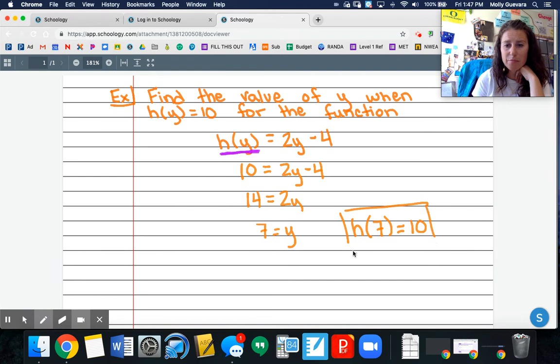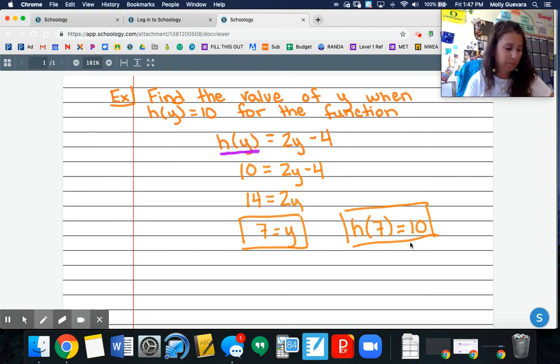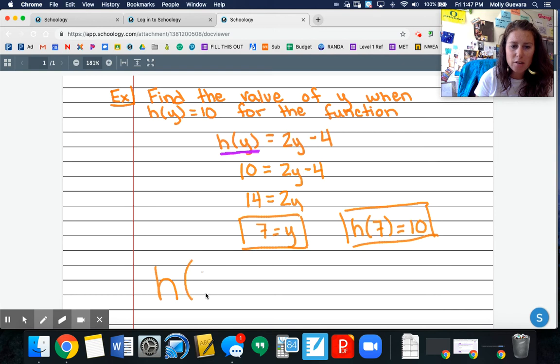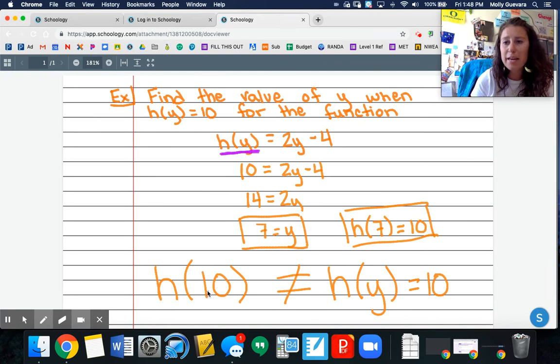So y is 7. If I plug in 7 into the h function, which is right here, I will get out 10. So I want this to be very, very, very clear. h of 10 is not the same thing as h of y equals 10. This one on the left tells me that my input is 10.